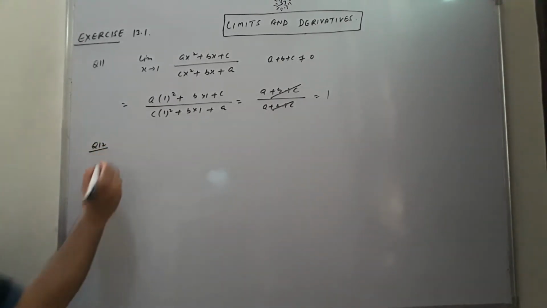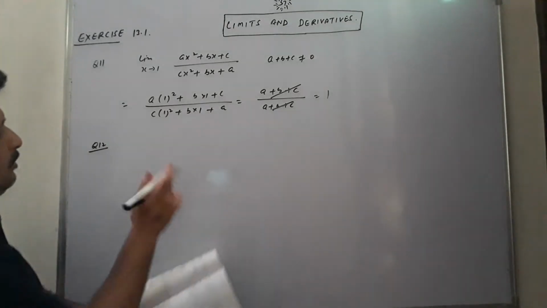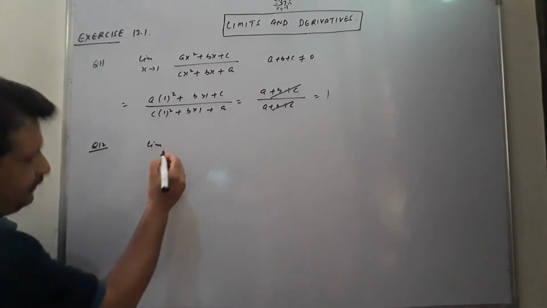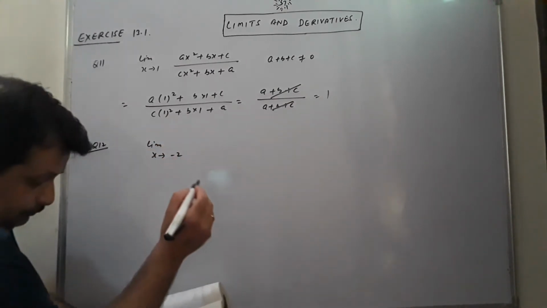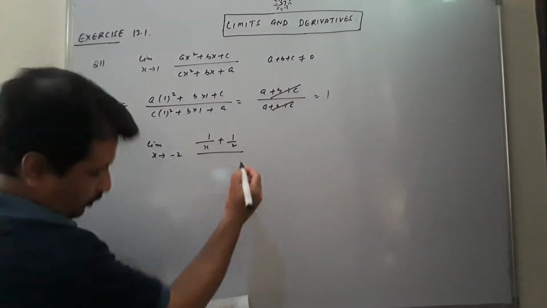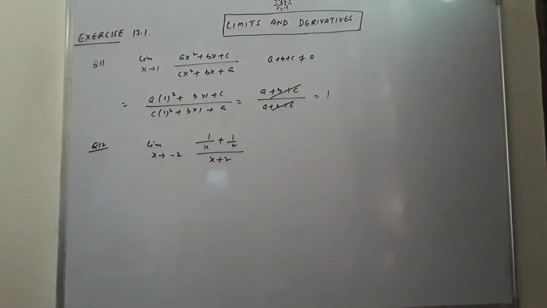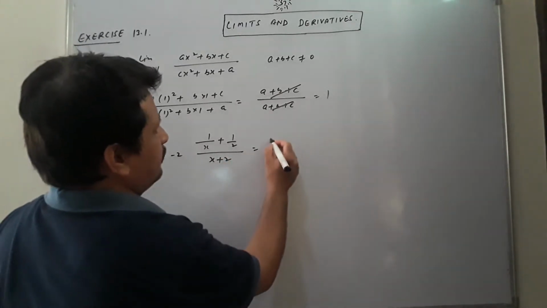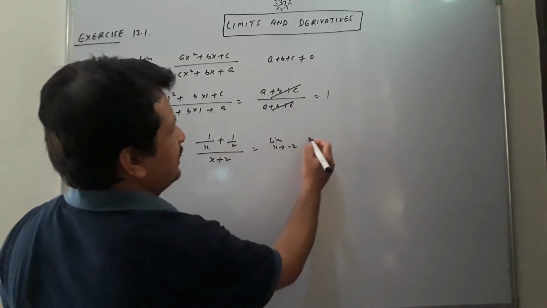Come to question number 12. In question number 12, this limit x tends to minus 2, (1 over x plus 1 over 2) upon (x plus 2). Now students, here we will take its LCM.